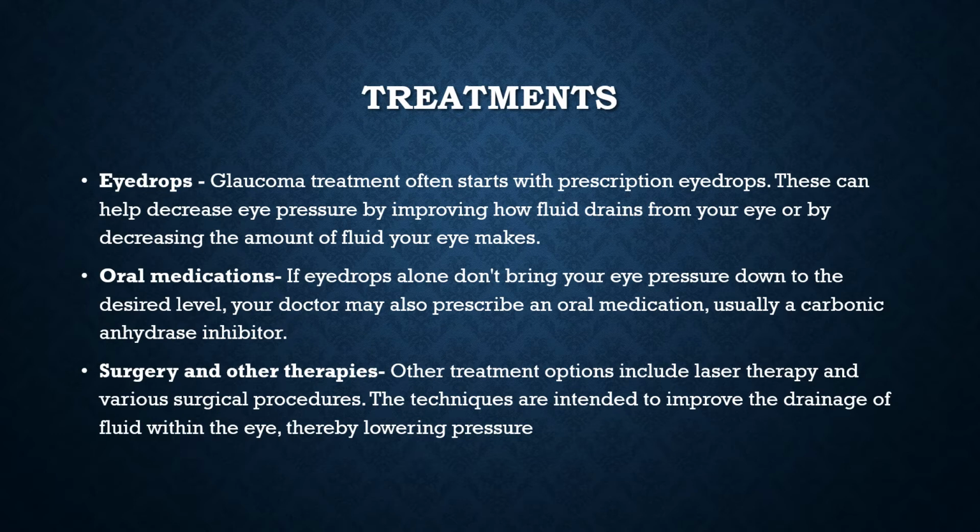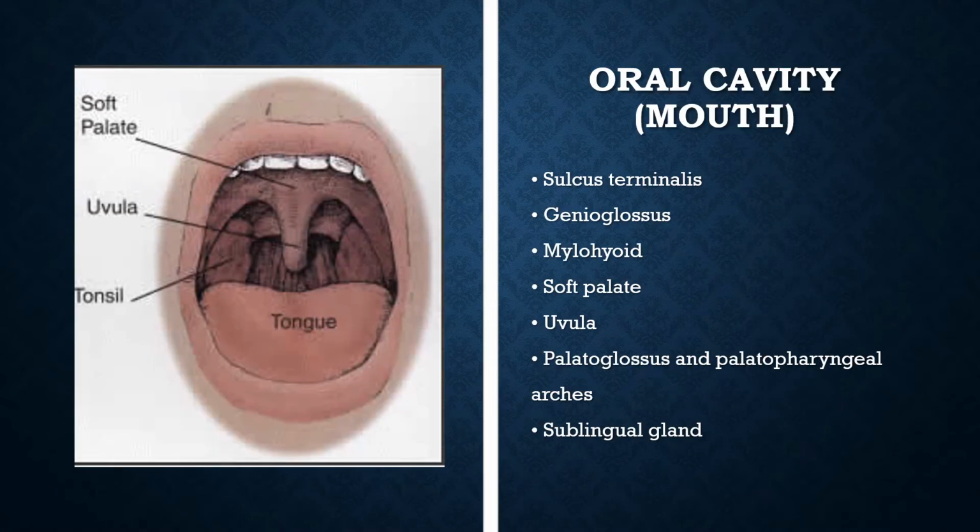Laser eye therapy is used a lot to treat some more severe cases, and it is intended to improve the drainage of the fluid in the eye, which will lower the pressure within the eye. In a lot of cases this is pretty successful, but if glaucoma is not treated in a timely manner, it can cause permanent blindness.